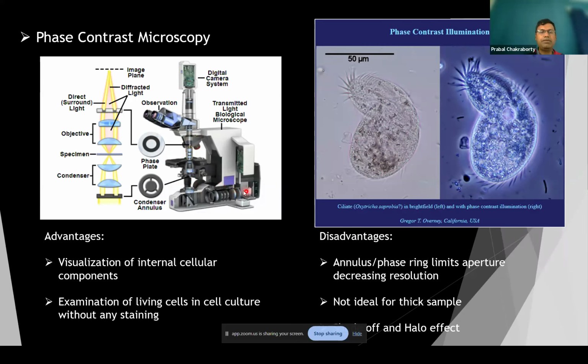These are upright platforms, so light is coming this way, and we put the condenser annulus below, and the phase ring here in the objective, and when they come together, that creates the phase contrast effect.